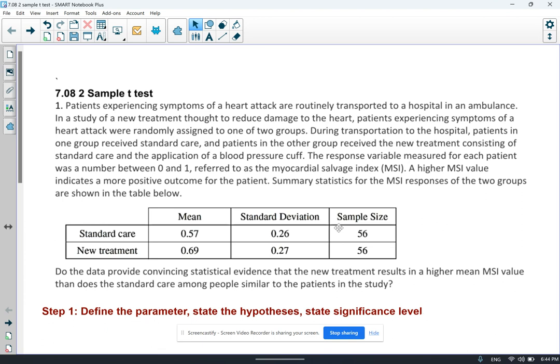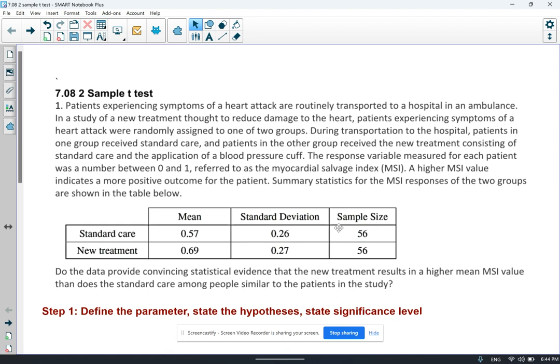Patients experiencing symptoms of heart attack are routinely transported to a hospital in an ambulance. In a study of a new treatment thought to reduce damage to the heart, patients experiencing symptoms of a heart attack were randomly assigned into one of two groups. During transportation to the hospital, patients in one group received standard care.